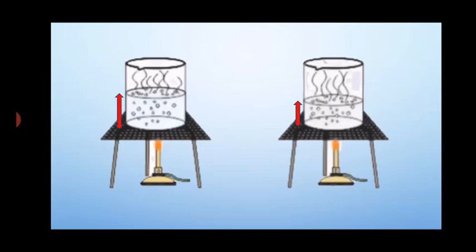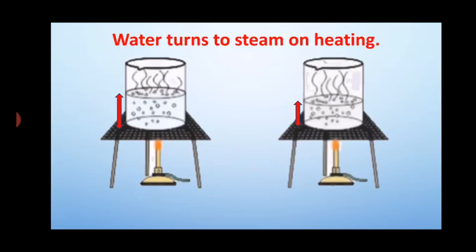So why has this happened? It has happened because the water turns into steam on heating. When you keep on heating water, it changes from water to steam. That is why it is said that when you heat water, it changes to steam. Okay, so you can see now how water changes its state.